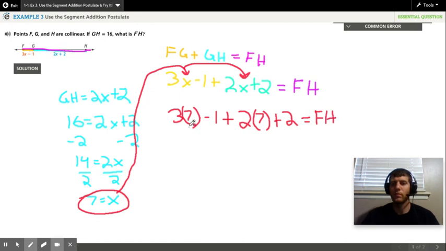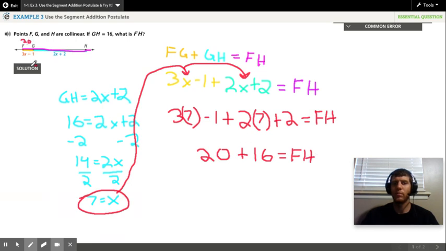Okay, 3 times 7 is 21. 21 minus 1 is going to be 20. 2 times 7 is 14, plus 2 is going to give us 16. So we know here that FG is 20.